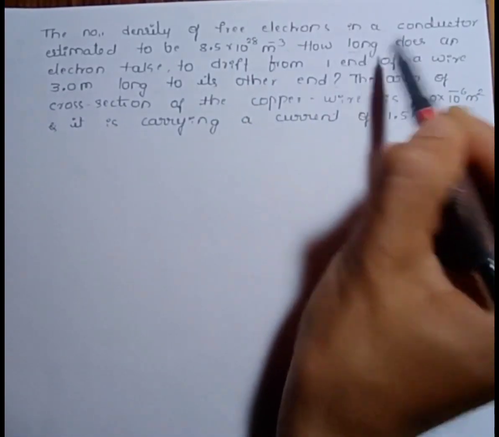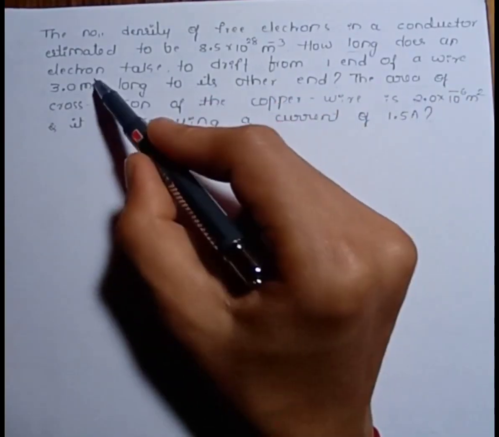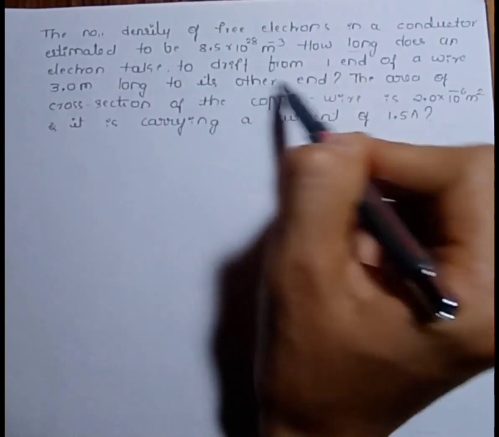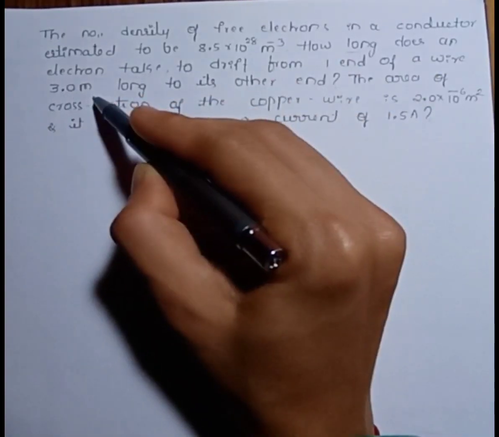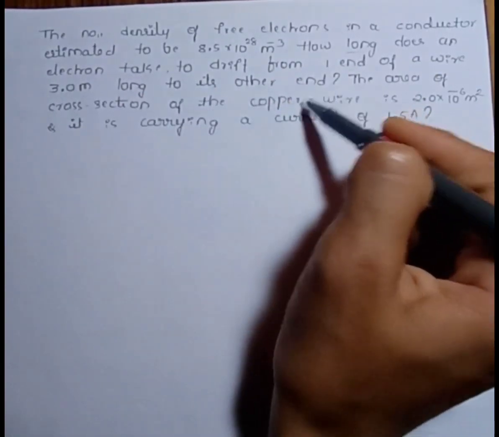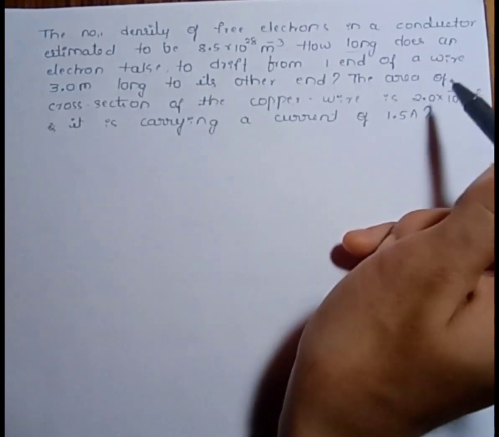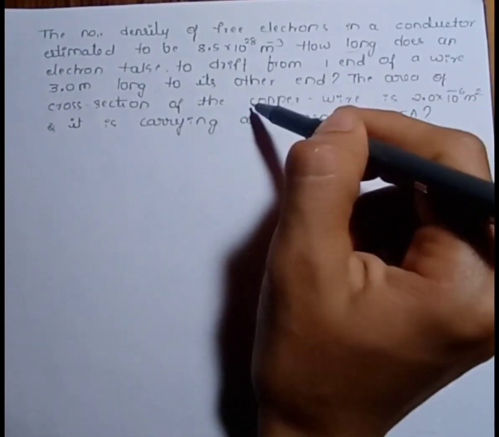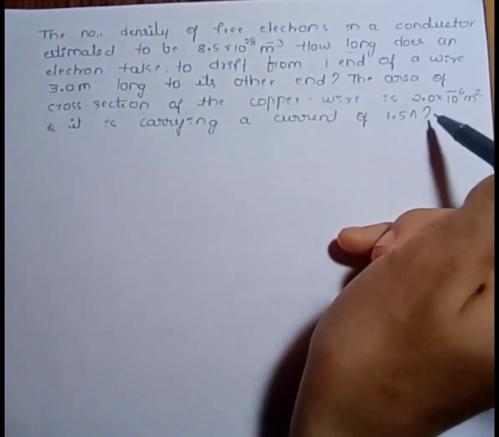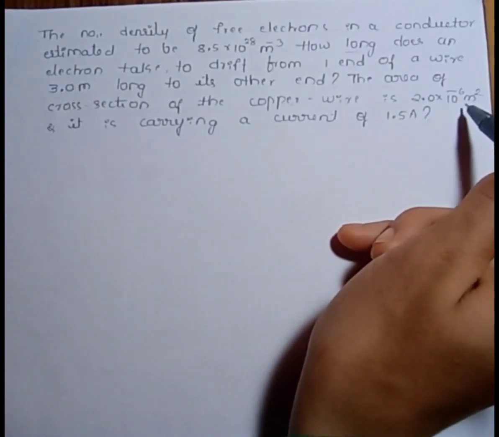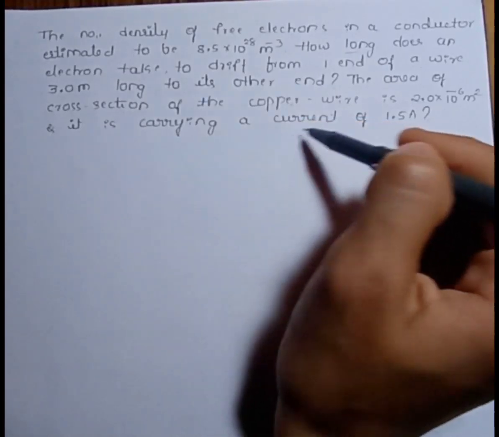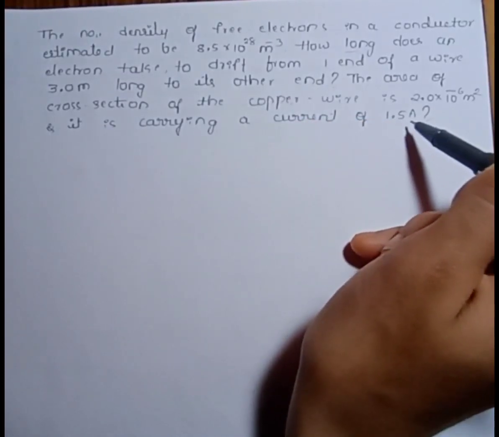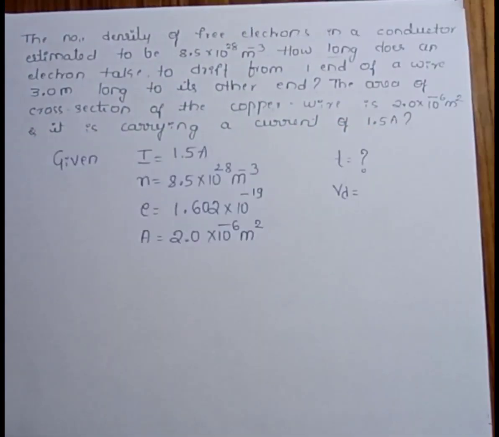How long does an electron take to drift from one end of a wire 3 meter long to its other end? The area of cross section of the copper wire is 2 into 10 to the power of minus 6 meter square, and it is carrying a current of 1.5 amps.